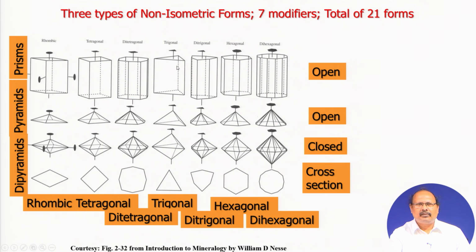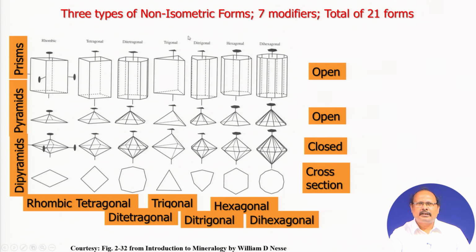And in this case, the 3 faces are present in the trigonal crystal system, and they are parallel to the vertical triad. And in this case, what happens? These 3 faces, each face now consists of 2 faces here. So, 3 times 2, there are 6 vertical faces here, all parallel to the triad.